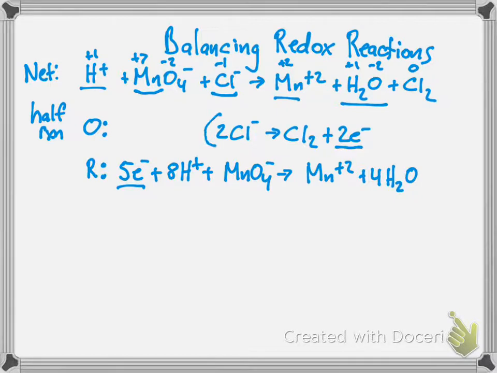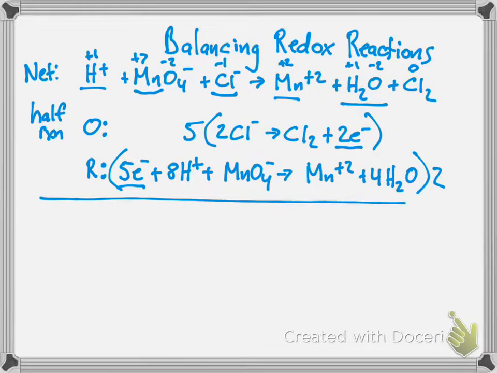So I'm going to take this and multiply this whole thing by 5. So now I'm losing 10 electrons. And this one, I could multiply the entire thing by 2 so that I'm gaining 10 electrons. Now I can go ahead and add all this back together. So 5 times 2 is 10 Cl minuses.